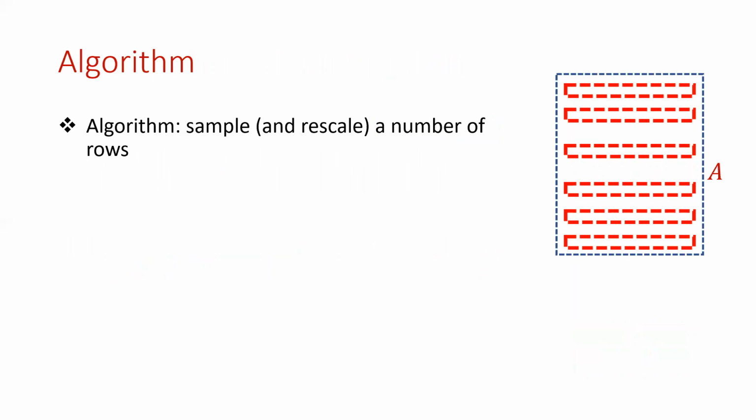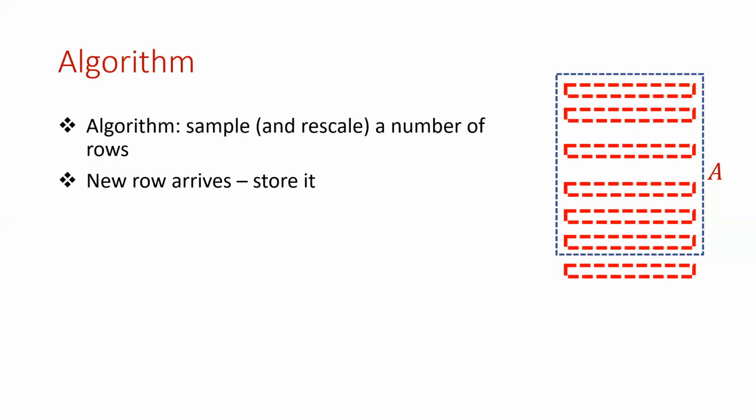Now we have the following algorithmic template. Suppose that at some point we have a matrix A that consists of many rows inside the blue box. But instead of maintaining this matrix A, we have a sketch of A, which only consists of a number of sampled and rescaled rows. In this case, the rows that we've sampled will be the red rows.